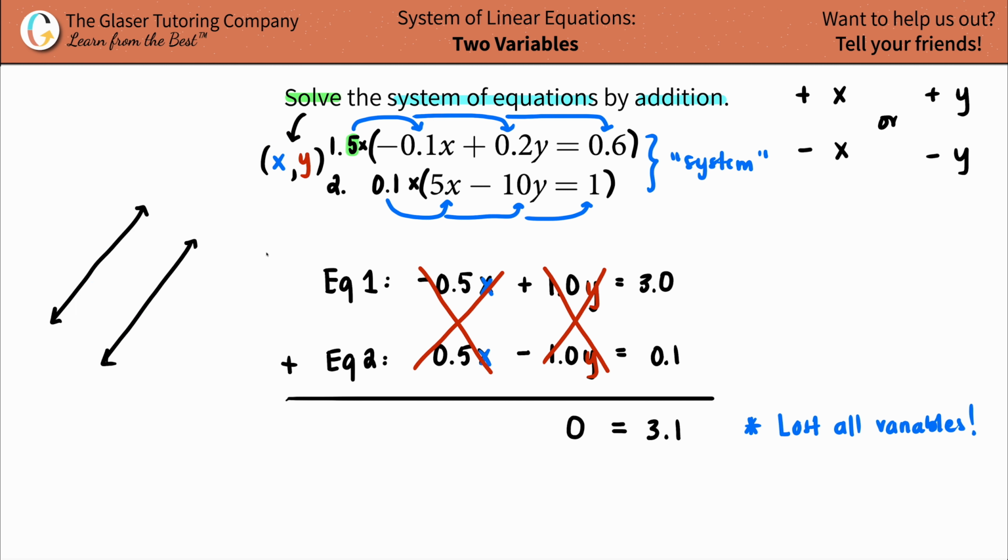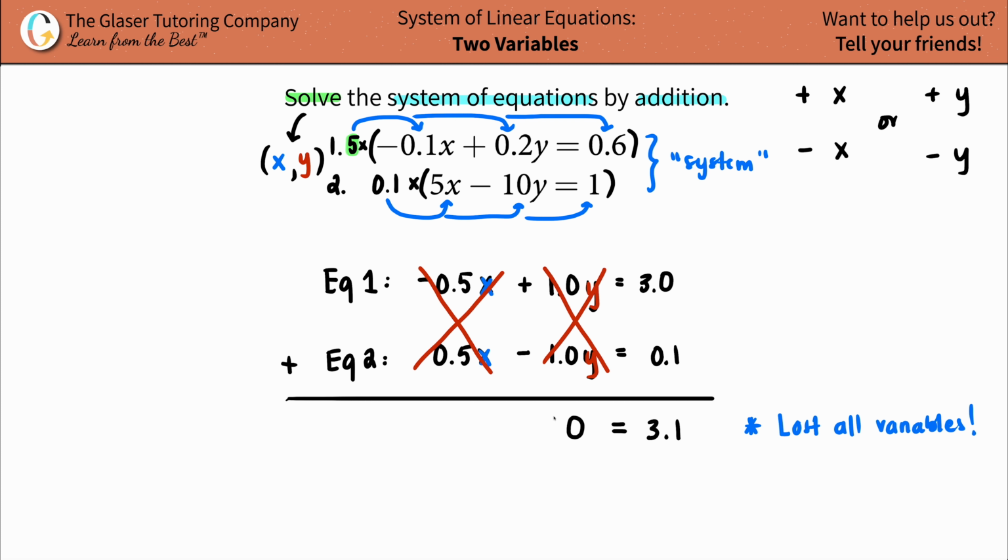But if they are the same line, if here's my first line and the other one is the same line, they would have infinite number of solutions that they have in common because literally it's the same line. They just disguised it as two separate equations. But now the question is, which one?